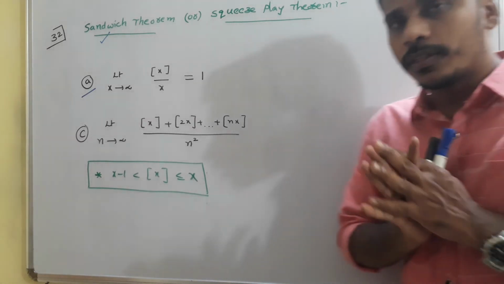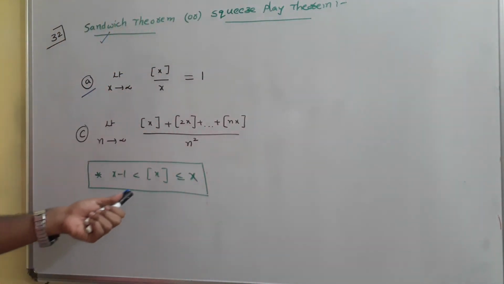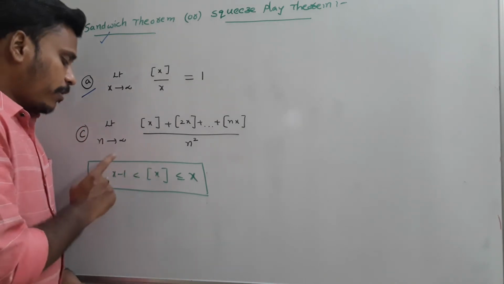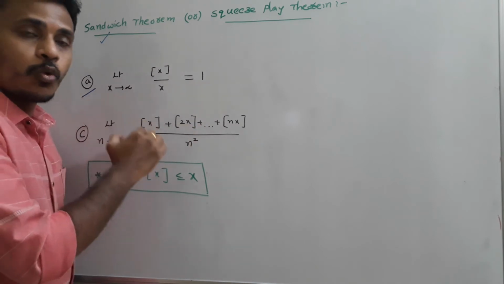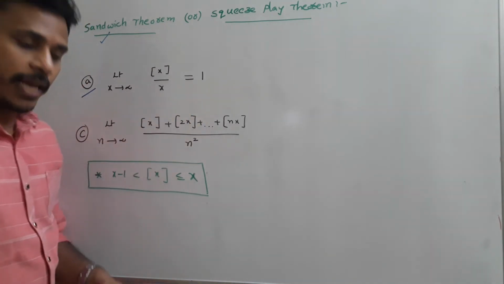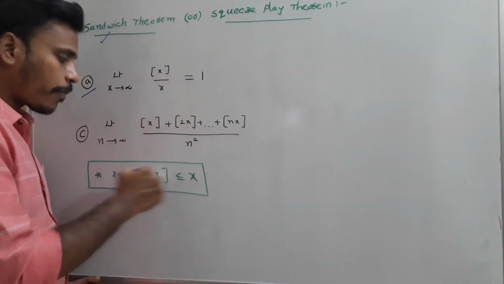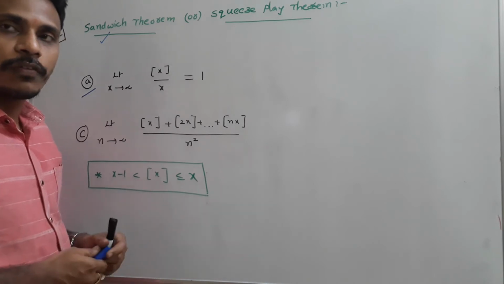Since it involves step, we need to use the same standard inequality involving step to solve this problem. See, step x is in between x minus 1 and x, but the numerator contains step x, step 2x, step 3x and so on up to step nx. So for each and every step, you just apply the inequality and then add everything. After that we will solve it.